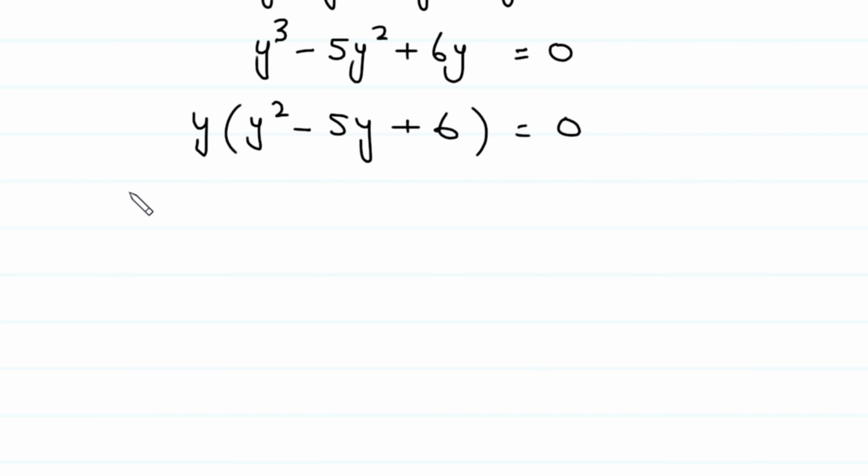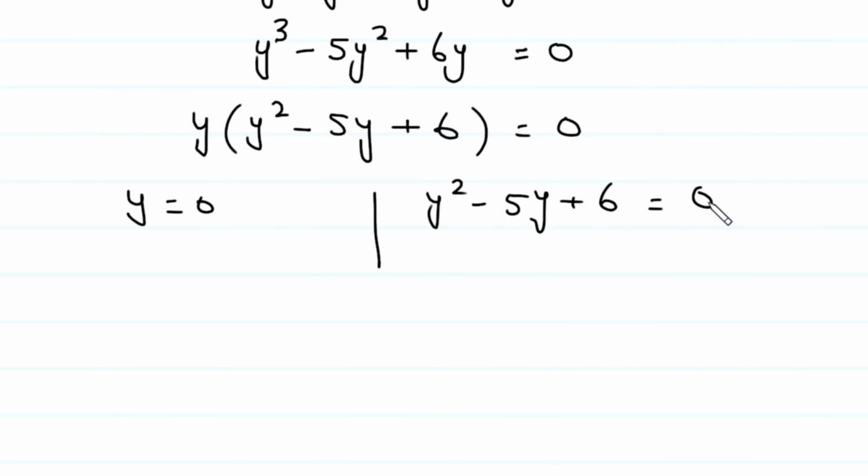Now either y is equal to 0 or y square minus 5y plus 6 is equal to 0. From here you can see that the value of y is 0, and the other two values of y we can find by solving this quadratic equation.